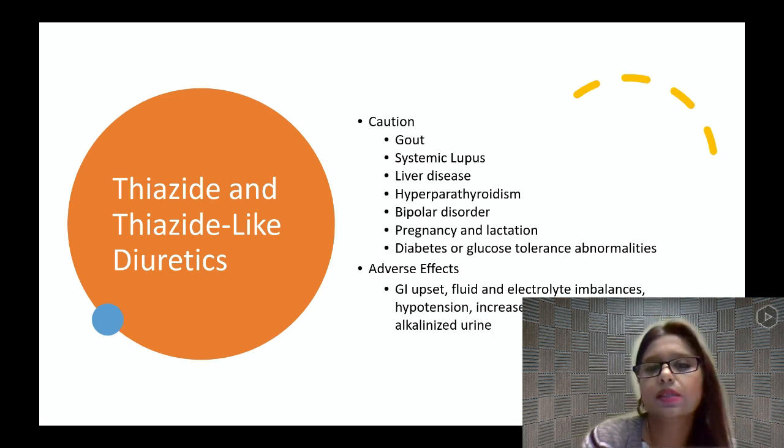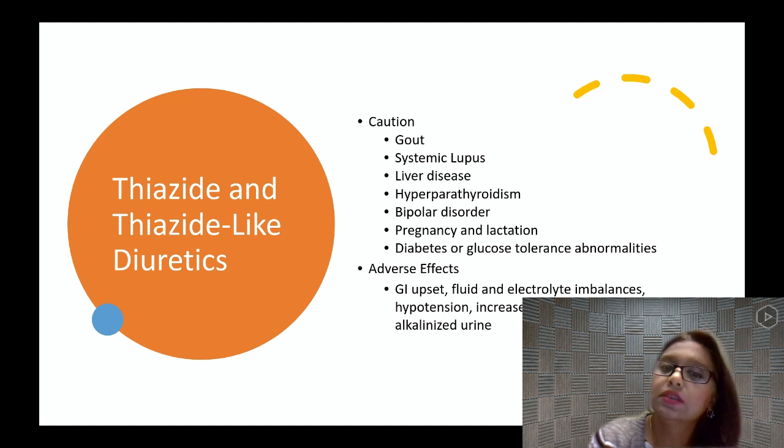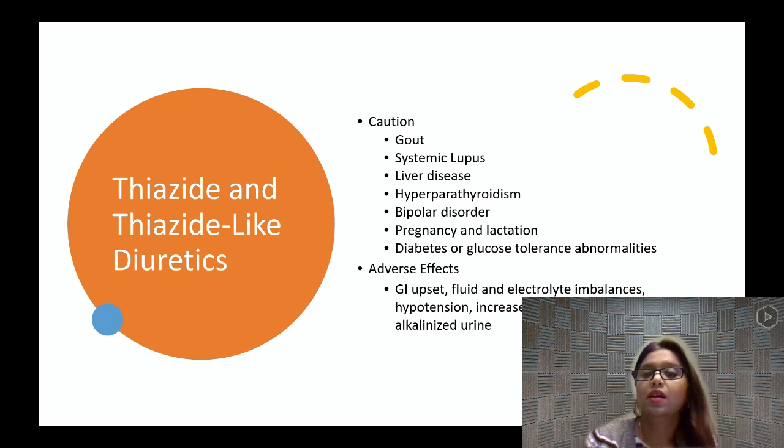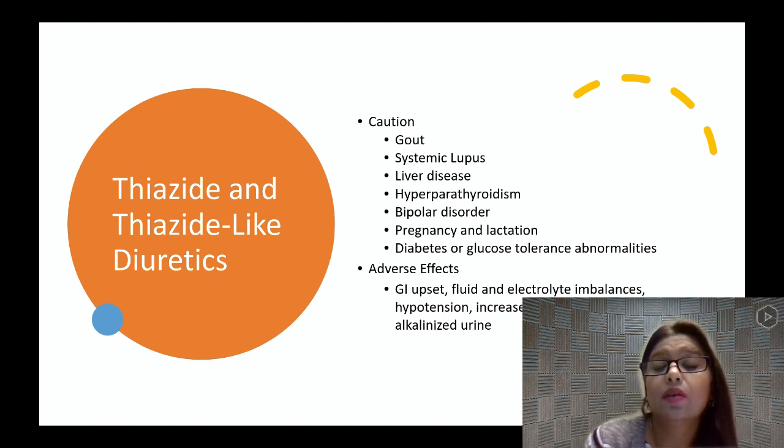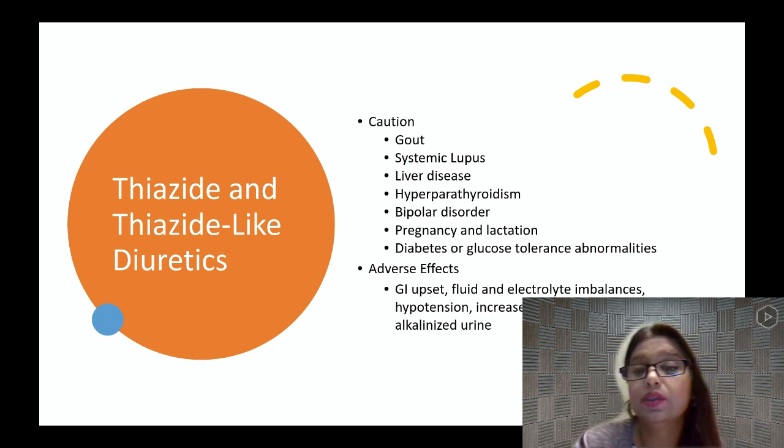What are the adverse effects? All medications tend to cause GI upset. Specifically for diuretics, all of them could cause fluid and electrolyte imbalances because they make a person urinate the extra amount of fluid from the system. We are also monitoring blood pressure.